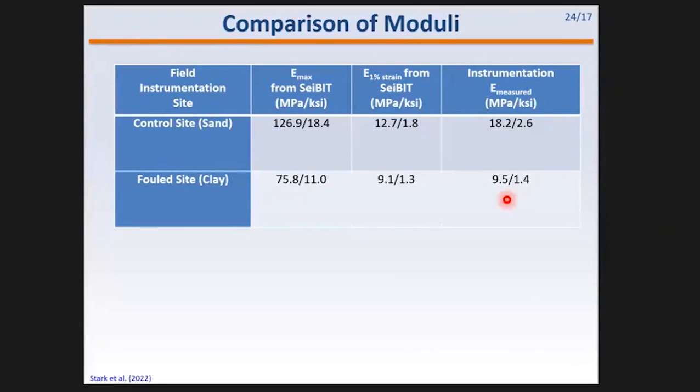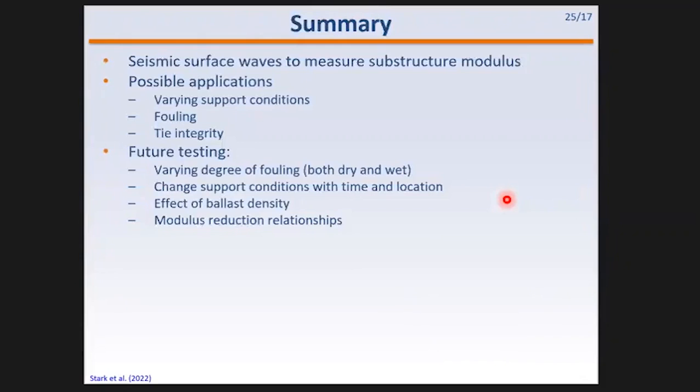There's some uncertainty in the modulus reduction relationships and estimating our axial strain for a particular site and loading, but I think we're getting pretty close. I think the hardware is in place, and now we just need a little work on the analysis side. So, summary: seismic surface waves can be used to measure substructure modulus.